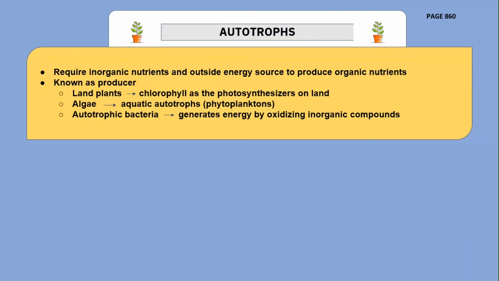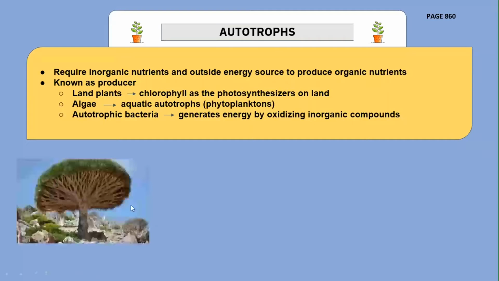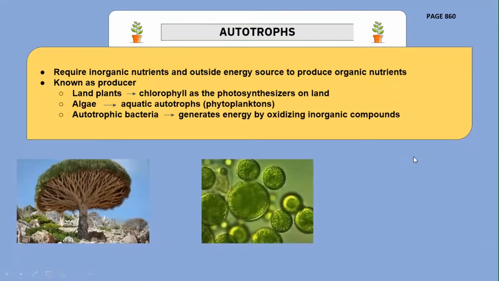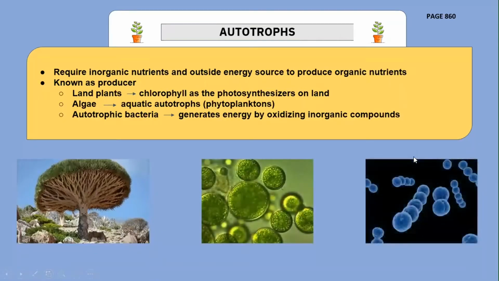Chemoautotrophs have been found to support communities in some caves as well as at hydrothermal vents along deep sea oceanic ridges where sunlight is unavailable. Here we have green plants, which is called a blood dragon tree. We have green algae, and this is autotrophic bacteria.